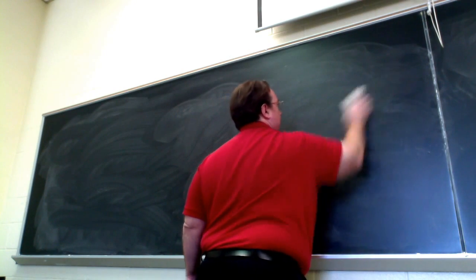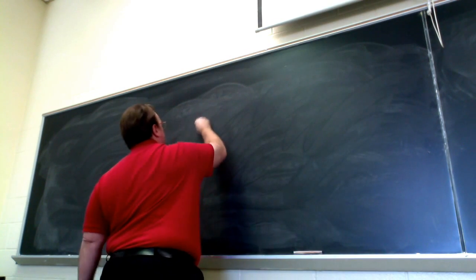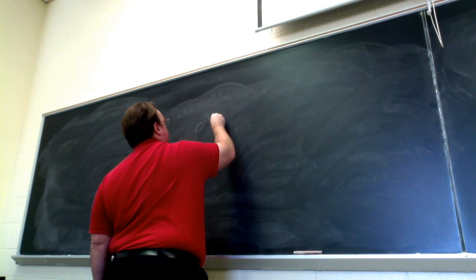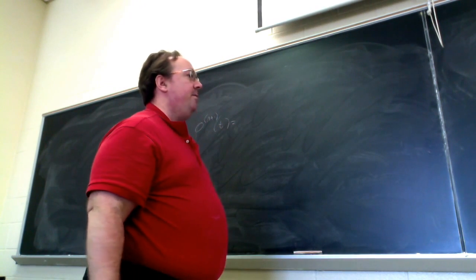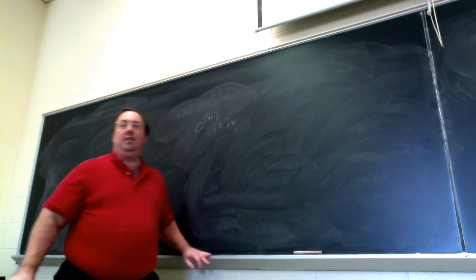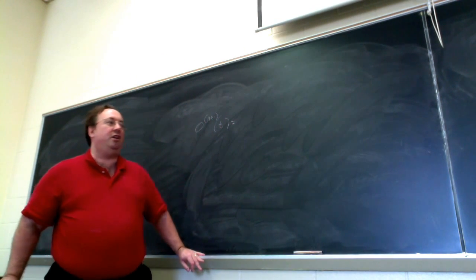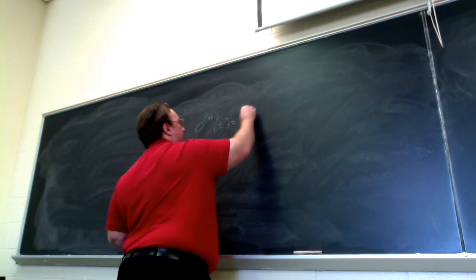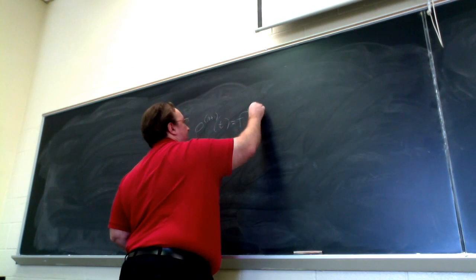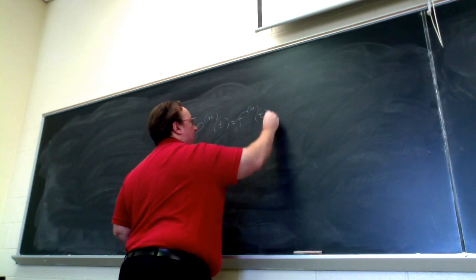So, what would be the n plus first derivative of phi? Well, I'll start it off. F could be anything. We don't know anything about f. So that would just be the n plus first derivative of f. But then what?